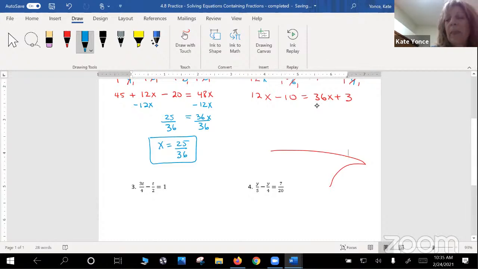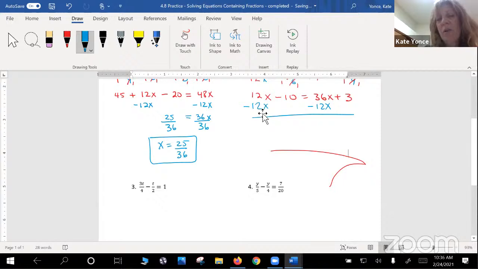Wait, what? Did you subtract 36x, Erica, or did you subtract 12x? I did 12x minus 12x, and then 36x minus 12x, and then I got 10. I mean, x minus 10 equals negative 24x plus 3. So you still did it like this, you subtracted 12x over to this side? Hold on a second though, you said x minus 10, but these are gone, there's no x left.